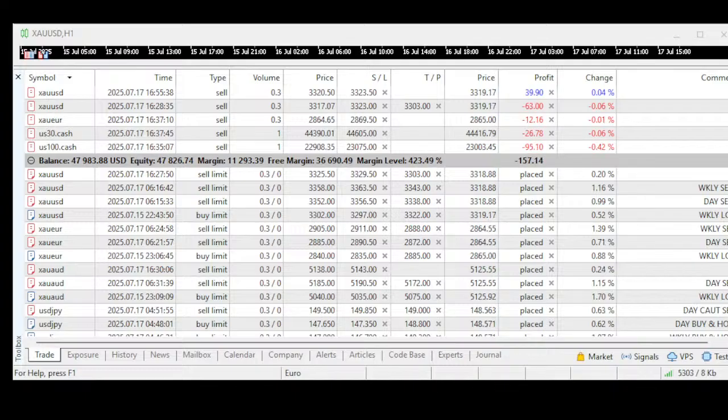There is a data that came out from the US. I think it's not an important data. So now we are into the new time block, the first 15 minutes of it.